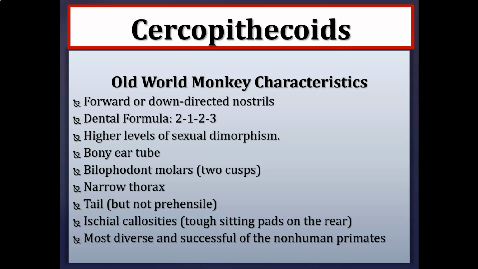Many Cercopithecoids do have a tail, but it is not prehensile, meaning that it does not have a grasping ability like you see in the platyrrhines. They have a feature on their rear end called the ischial callosities. So that's kind of a fancy way of saying tough sitting pads on the rear, or butt pads. And the Cercopithecoids are among the most diverse and successful of the non-human primates.